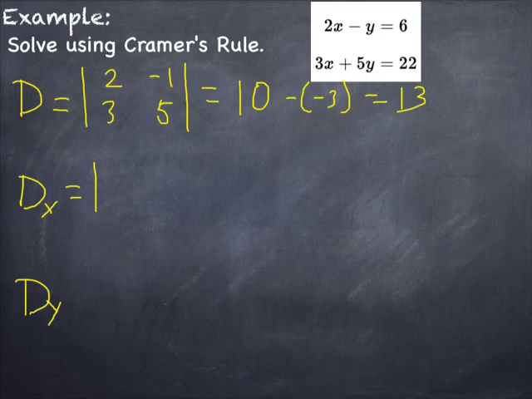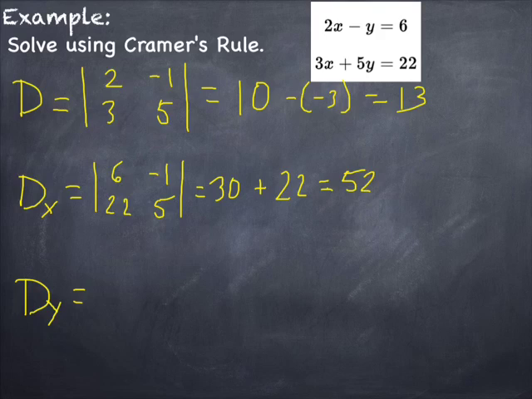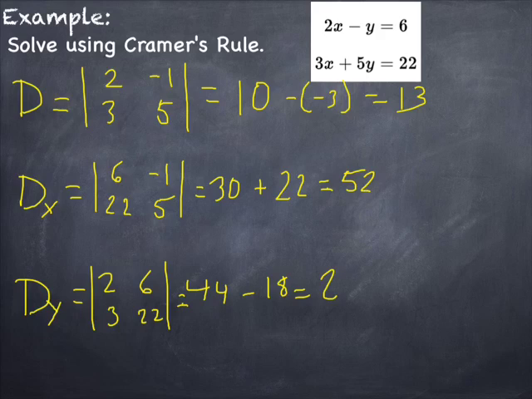Dx, we substitute out the x coefficients for the constants, so it's 6 and 22 instead of 2 and 3, but the -1 and the 5 remain. Multiply this out, you get 30 minus -22, or 52. And for Dy, this time it's 2 and 3, but we switch out the -1 and 5 for 6 and 22. Multiplying this out, we get 44 minus 18, which gives us 26.